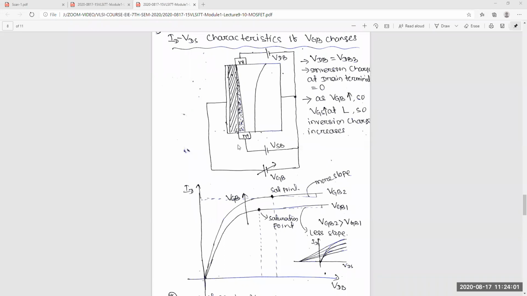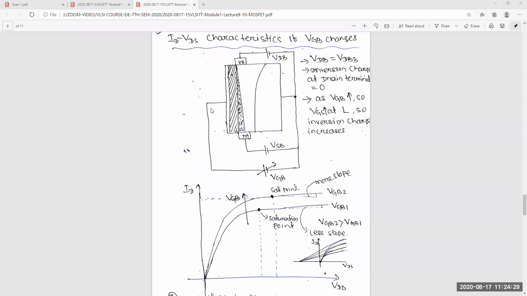So that's why I'm saying, why then more slope or less slope. These are very typical questions anyone can ask if you go into detail. If we are increasing VGB, and this is constant, then definitely three things will happen. First, it will shift, and the current will be more. Second, the threshold point will shift. Third, the slope after that threshold point will be more.